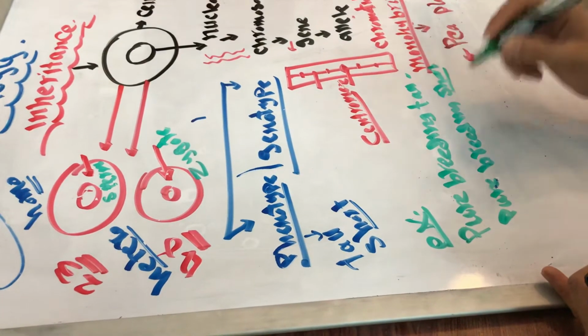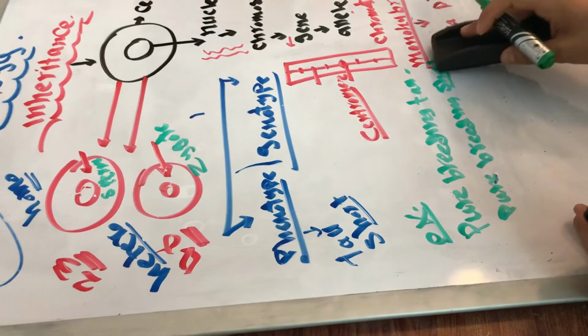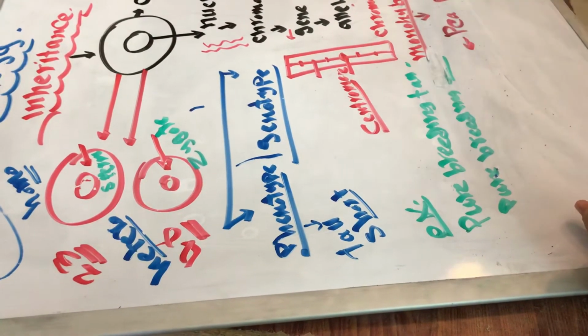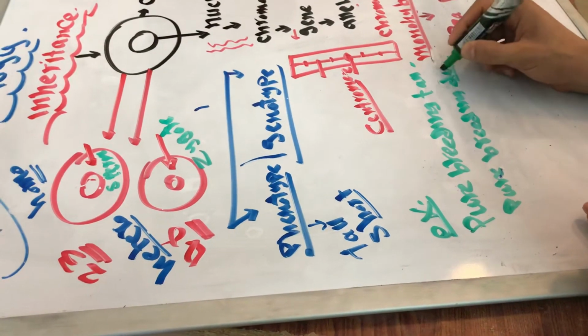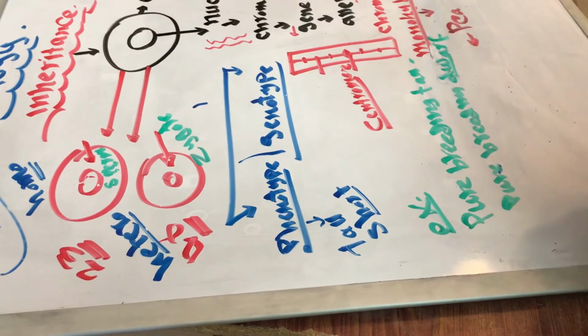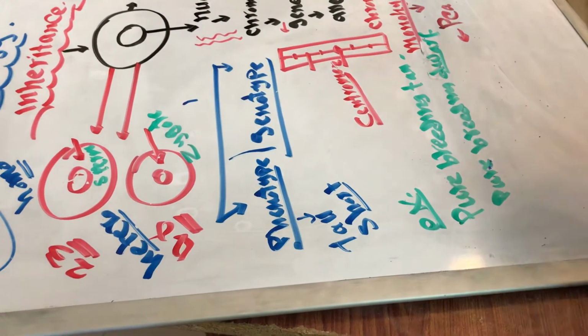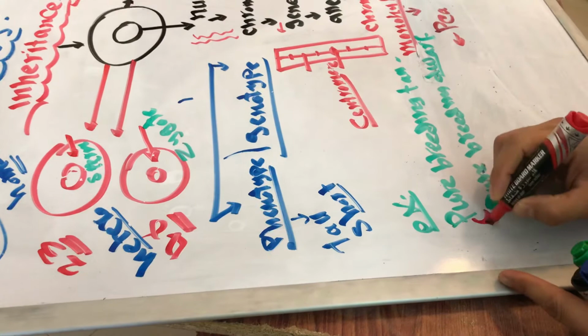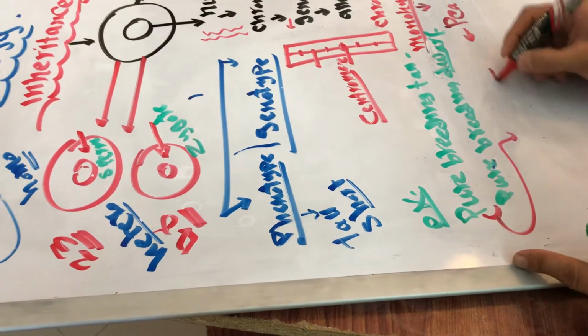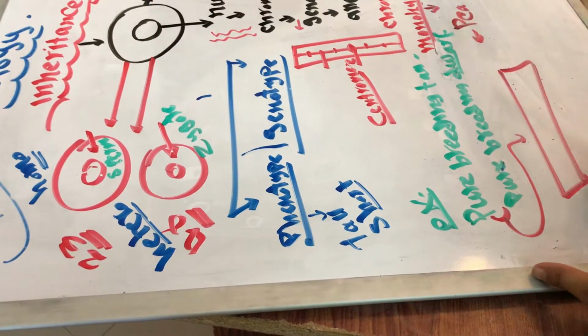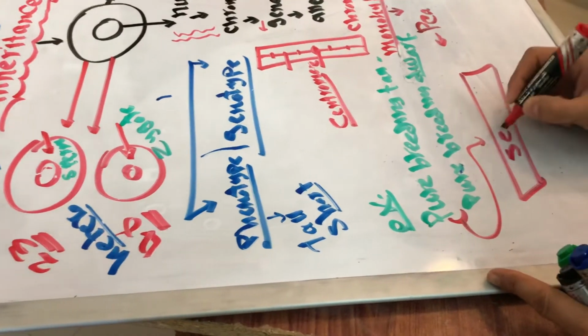You can say dwarf, the same, another characteristic, dwarf. The same cross between them produces the first generation of seeds.